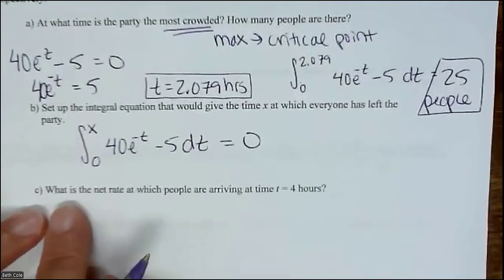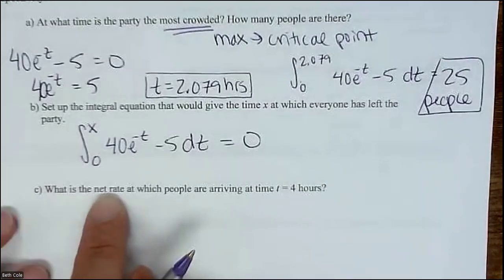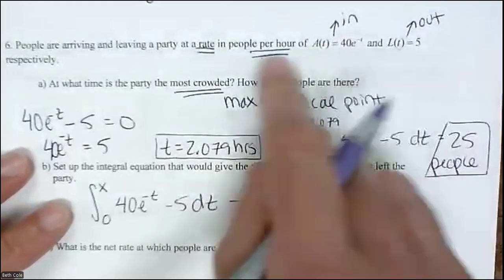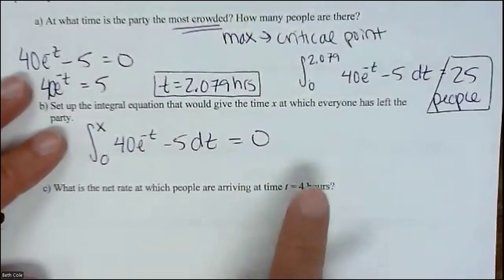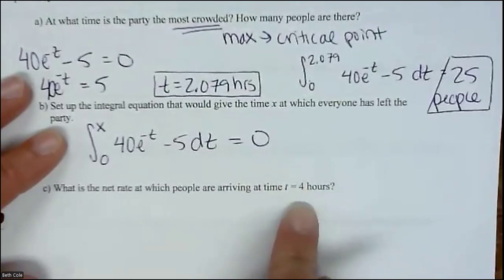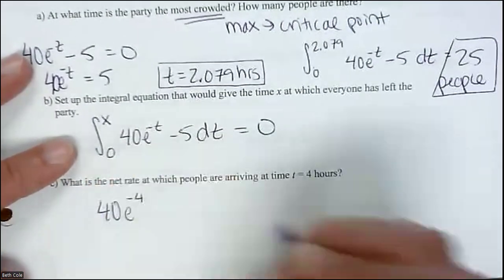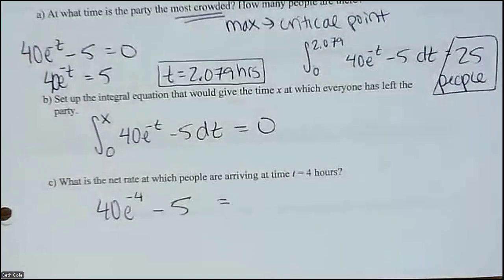All right, and then the last one here: what is the net rate? Net just means rate in minus rate out, at which people are arriving at time 4. These equations are your rates, so you don't have to do a derivative and you don't have to do an integral. All you have to do is plug in 4. So at time 4, we've got 40e to the negative 4th, that's rate in, minus 5, which is your rate out.